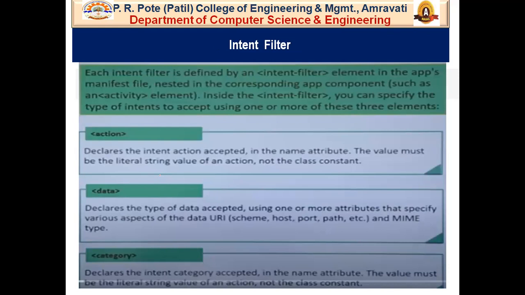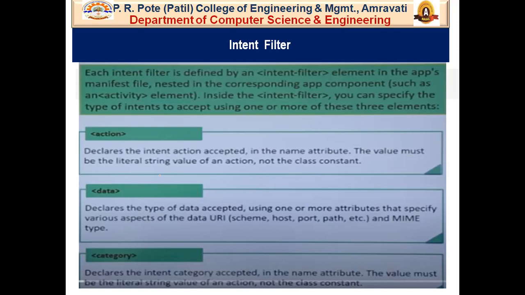So what is an intent filter? We could have seen some predefined filters, something like android.intent.action.MAIN in your Android manifest file. When you open your Android manifest file, you can see android.intent.action.MAIN. Intent filters are the parts defined in the manifest file, nested inside the activity component.